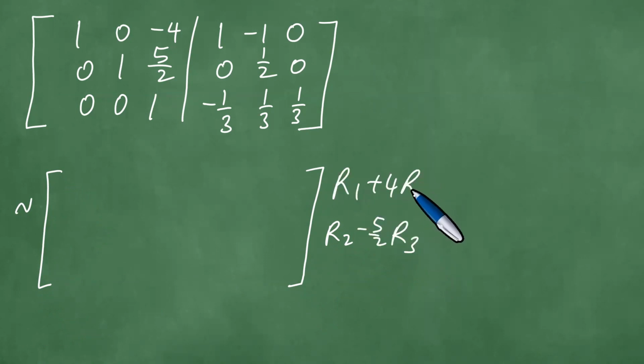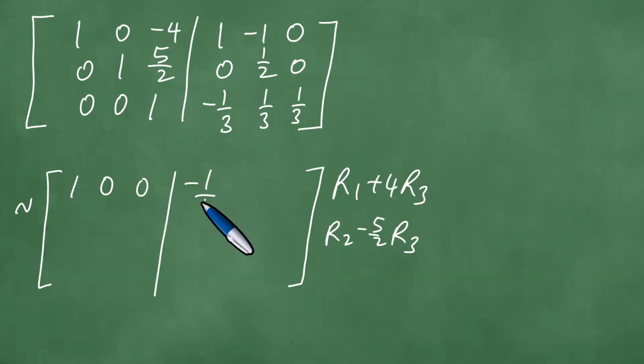Row 1 plus 4 row 3. 1, 0, 0. Multiply this by 4, we add. So this is going to be minus 4 over 3 plus 1. Minus 4 over 3 plus 3. So minus 4 plus 3 is a minus 1 out of 3.